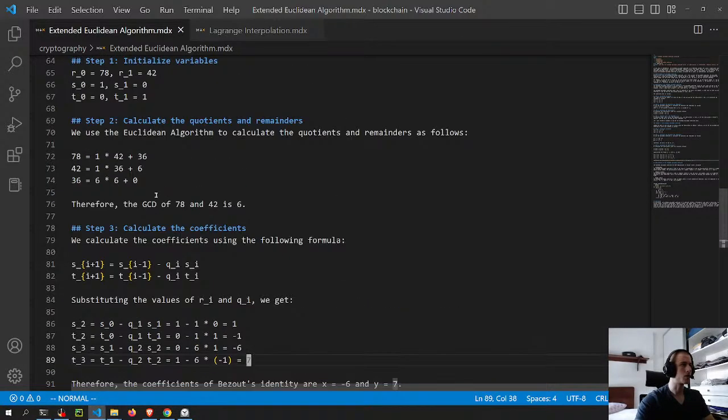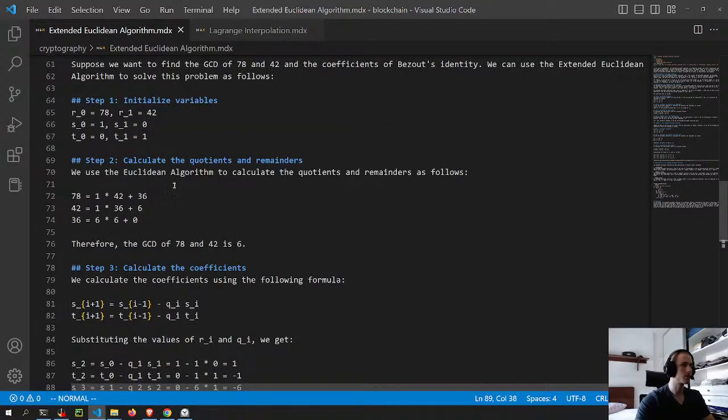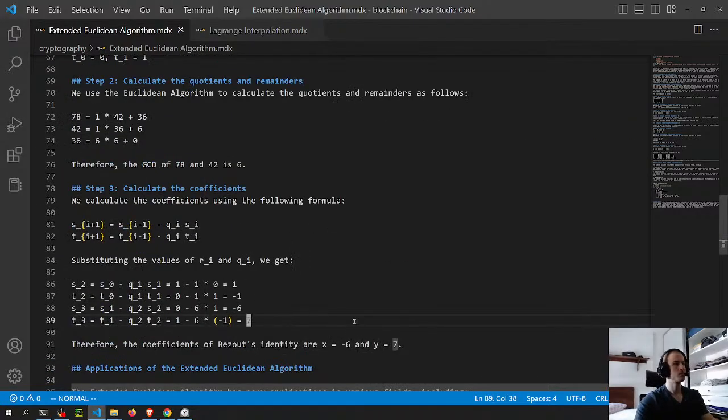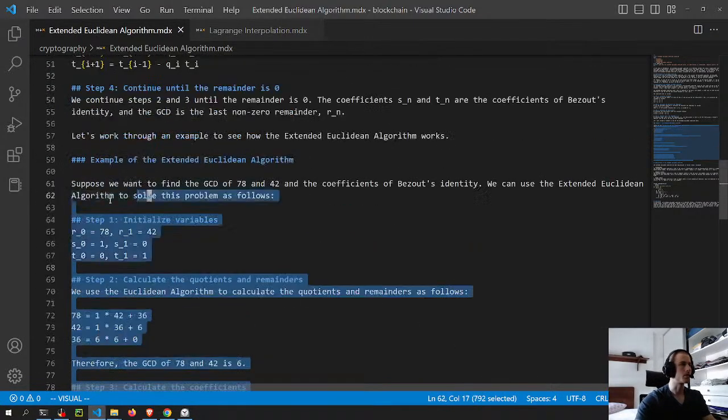I wanna write it in a way that is easy to understand what it is and how it works. So I'm gonna erase this stuff.